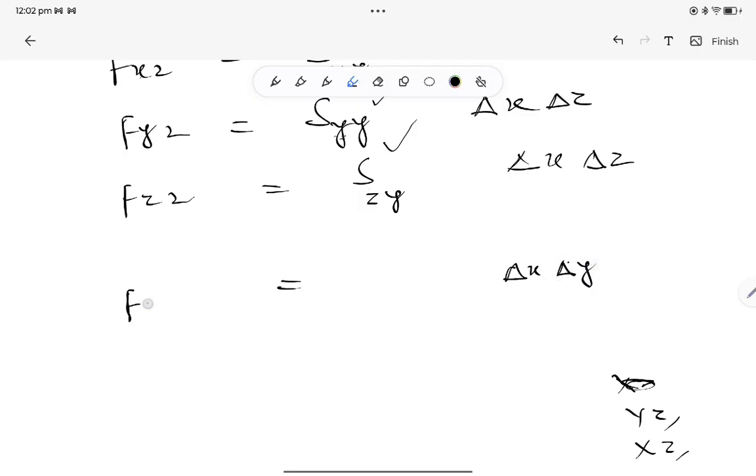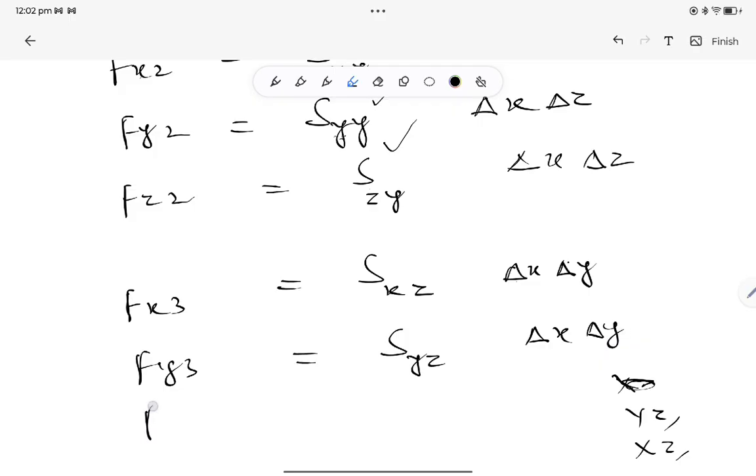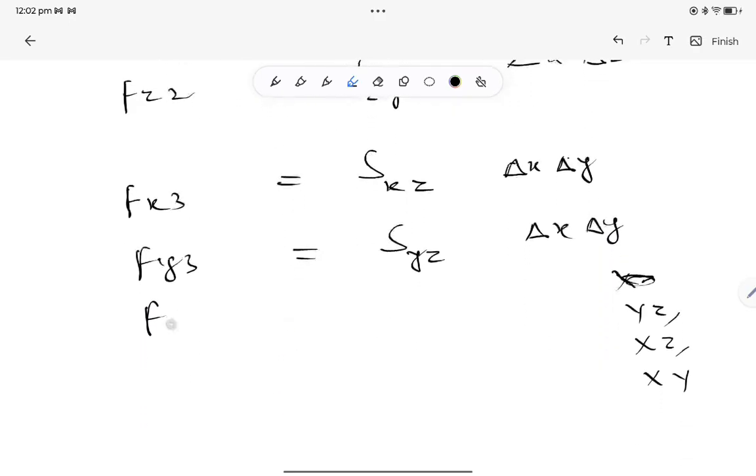Fx3 will be S, x, z, since this is perpendicular to z, delta x, delta y. Fy3 will be S, y, z, delta x, delta y. Lastly, Fz3 will be S, z, z, delta x, delta y.